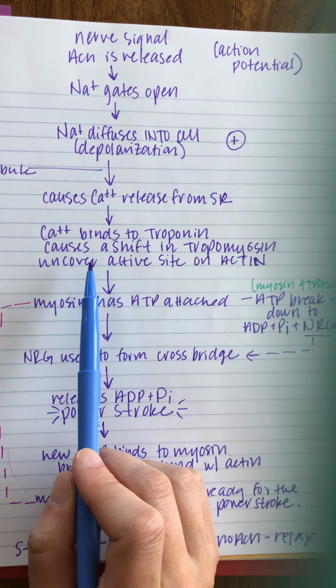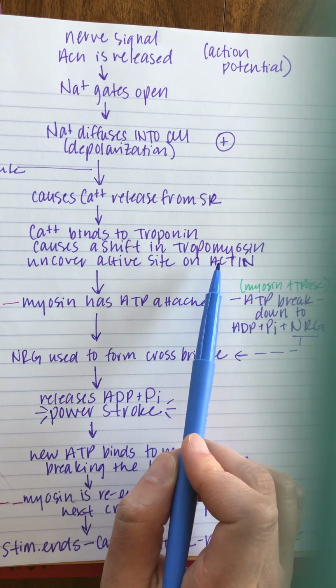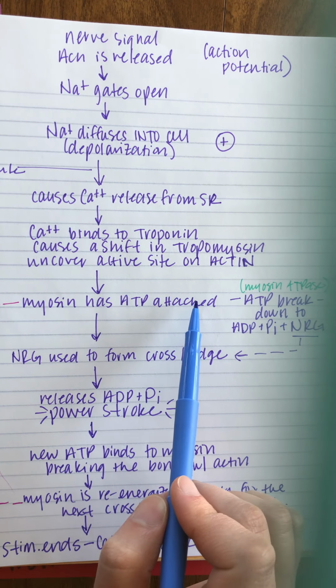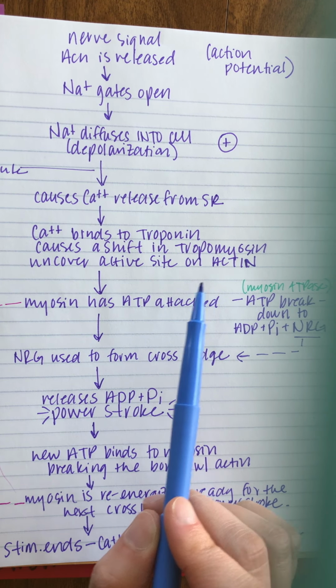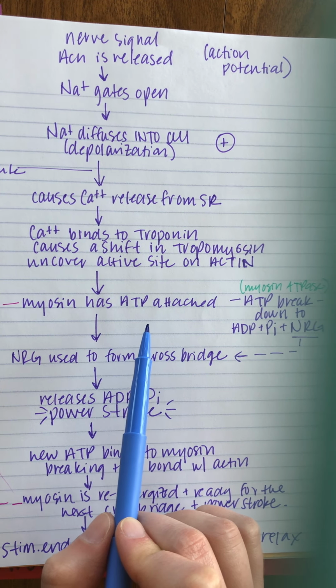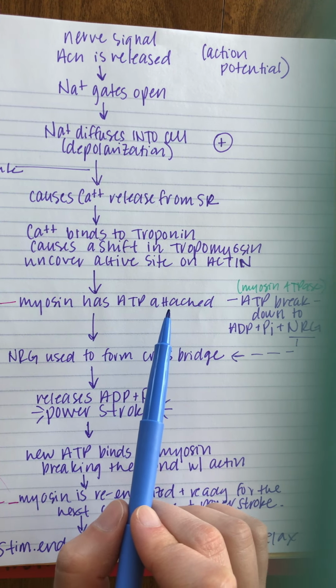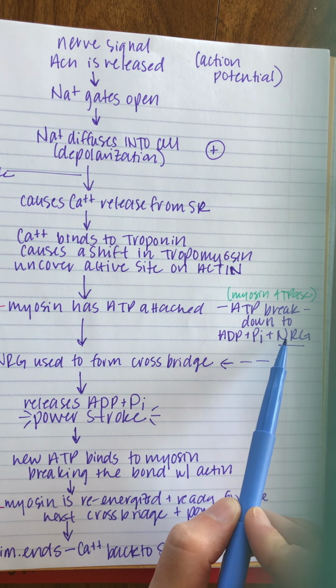Calcium then binds to troponin, causing a shift in tropomyosin to uncover the active site on actin. Now that the active site is available, myosin can attach to it. Myosin has an ATP attached, but it needs the actual energy from ATP.